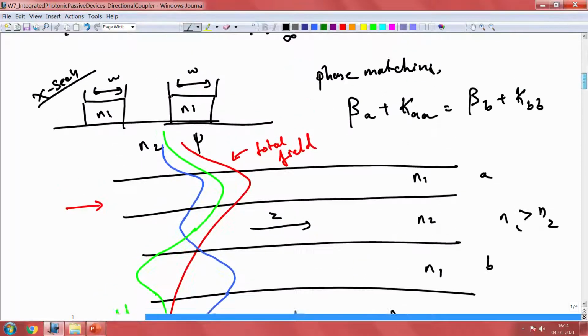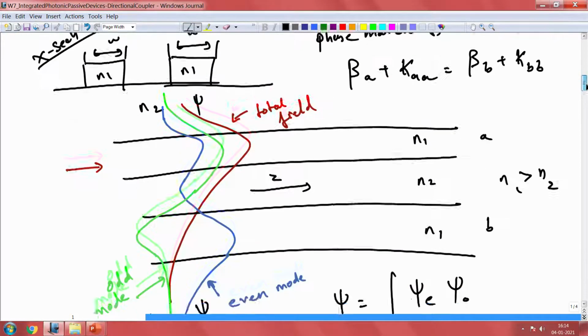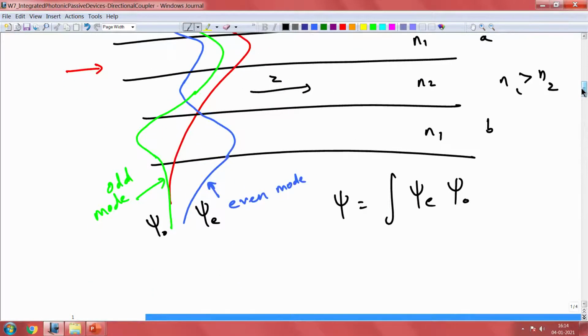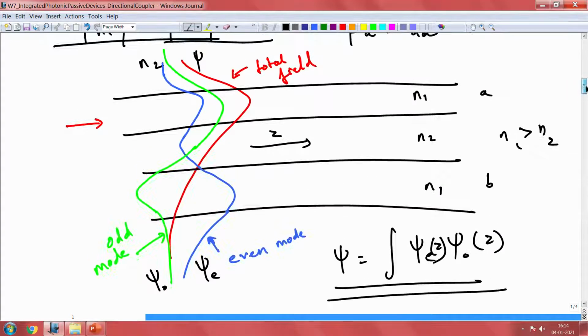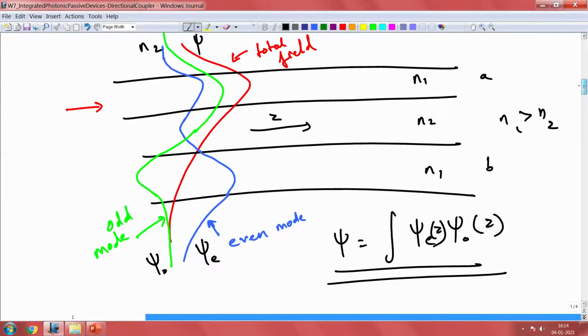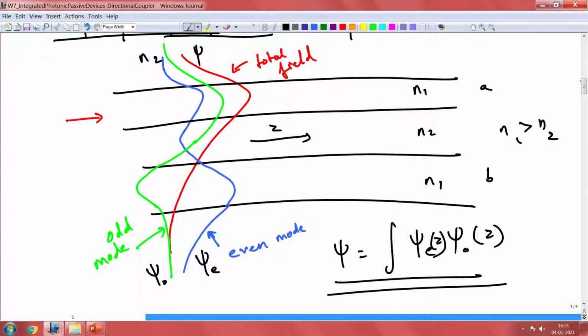Because they are phase matched, when these modes are phase matched, they are going to beat with each other. The overlap field is a function of the propagation length as well. So, they are going to beat with each other, and you will end up with slightly different modes here.